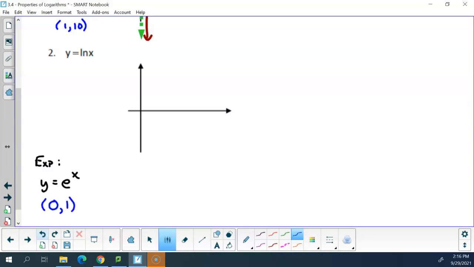If we go with an exponent of 1, e to the first power, right? Which is 2.7-ish, right? 2.71828. Right?